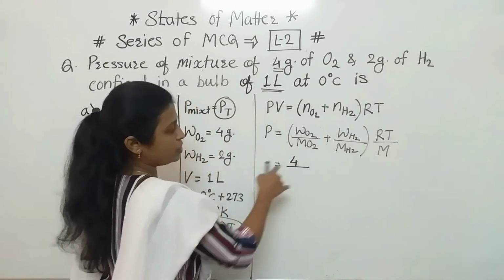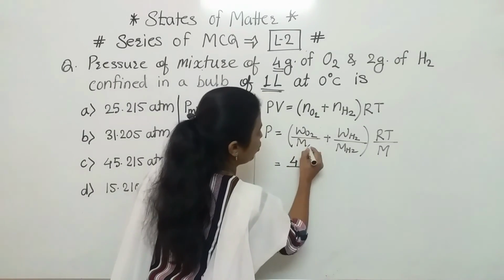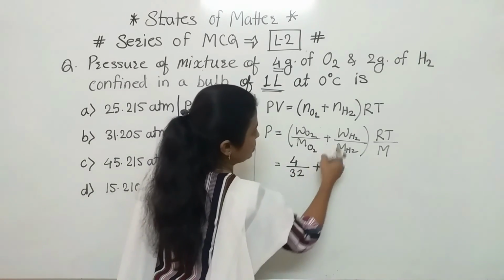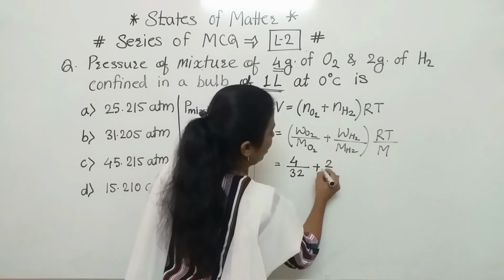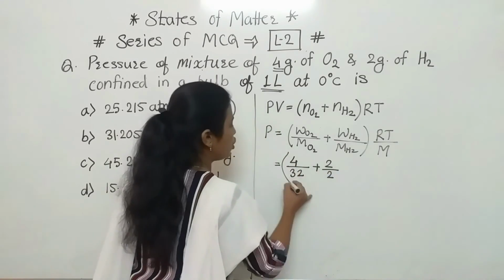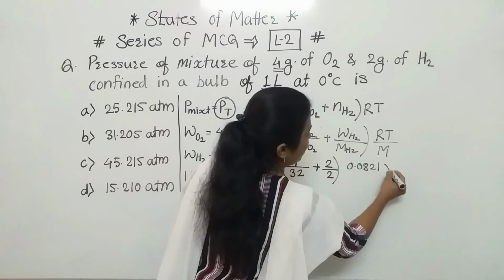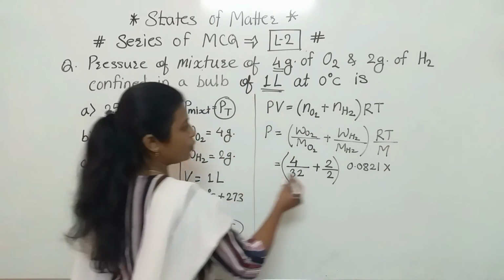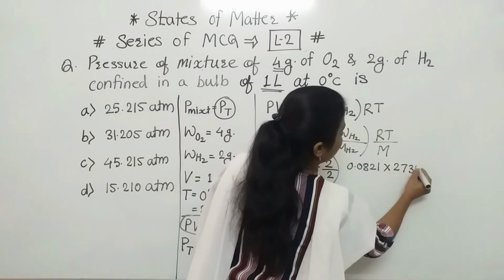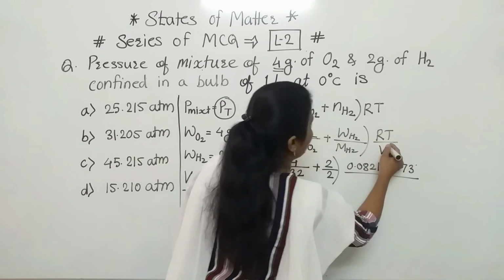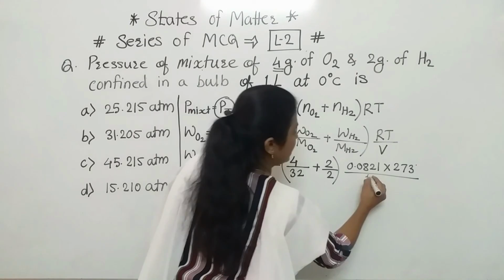Molar mass of oxygen, I will write here O2, 16 twos are 32, plus WH2, that is 2 gram. Molar mass of hydrogen is also 2. R is 0.0821 into temperature as we have calculated, 273 Kelvin, divided by volume, that is 1 liter.